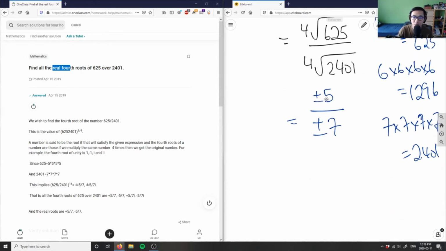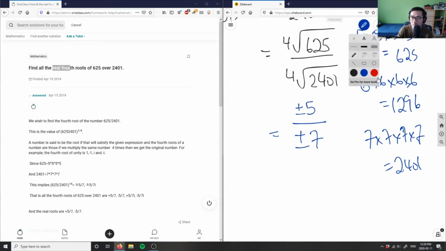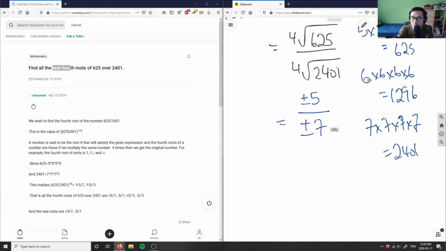And we want the real roots, right? So I can ignore all the complex roots that have to deal with these guys here. Let me do this in red, because these are just my real roots. Technically, if we were to include the complex roots in this problem, we also have plus or minus 5 over 7 times i.